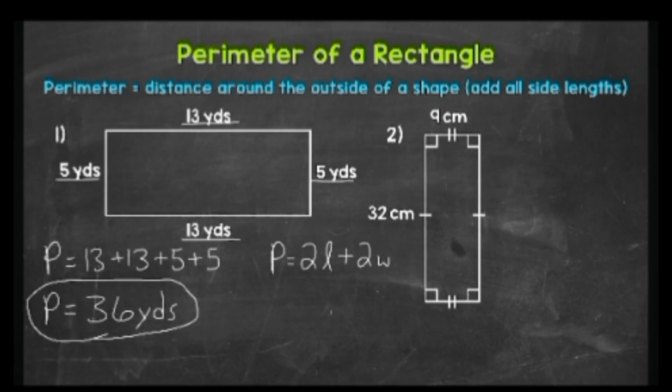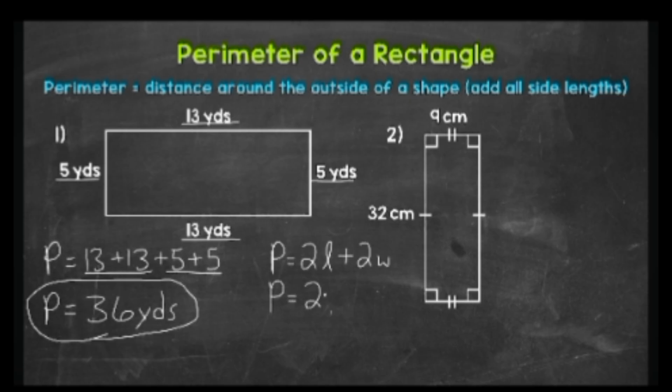That means you can multiply the two lengths and also multiply the two widths, and in the end add these two together. You can just simply multiply and simply add. Both methods will yield the same answer.